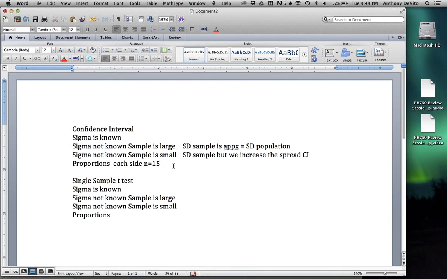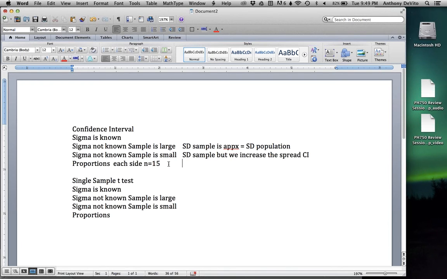So in other words, if I told you that each side... we took a sample of 100 people, and we found for those 100 people that 10%.